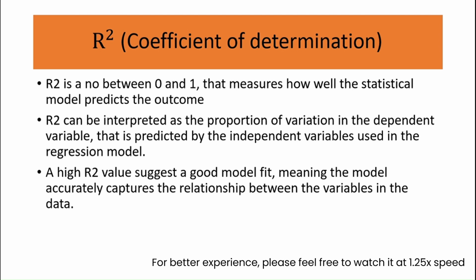A high R square value suggests a good model fit, meaning the model accurately captures the relationship between variables in the data. If R square is a smaller value, much closer to 0, or maybe even if it's 50%, let's say it's 0.5, that would mean there are other independent variables which have not been considered in the model, which might explain the remaining variation in the dependent variable.